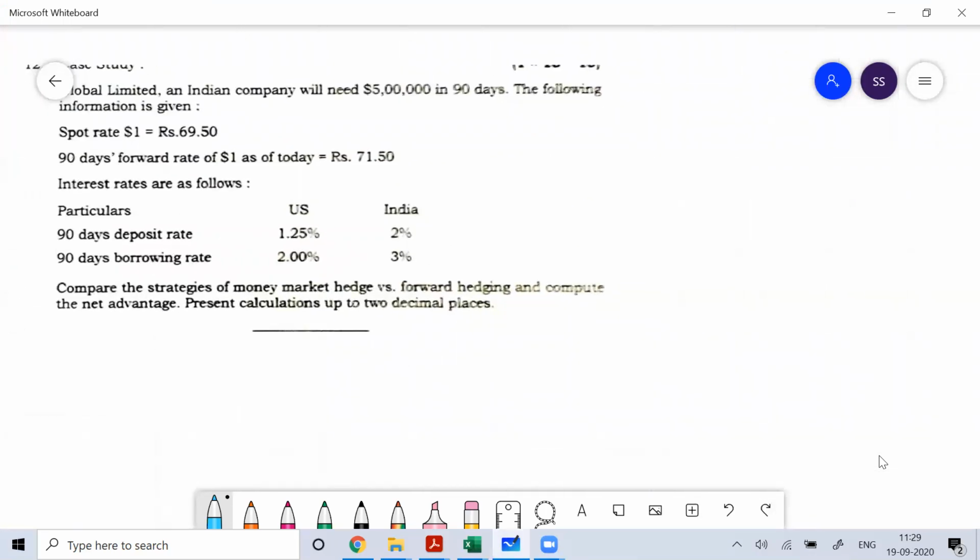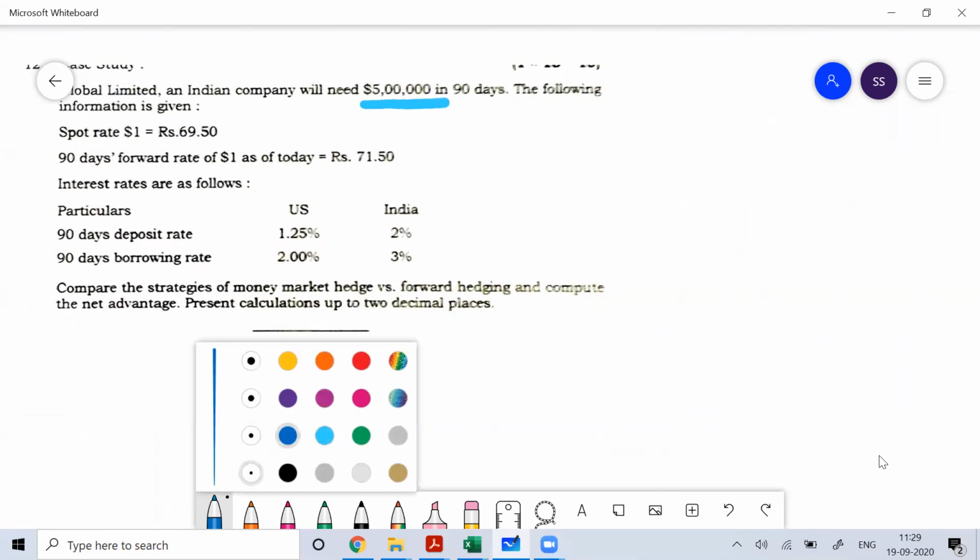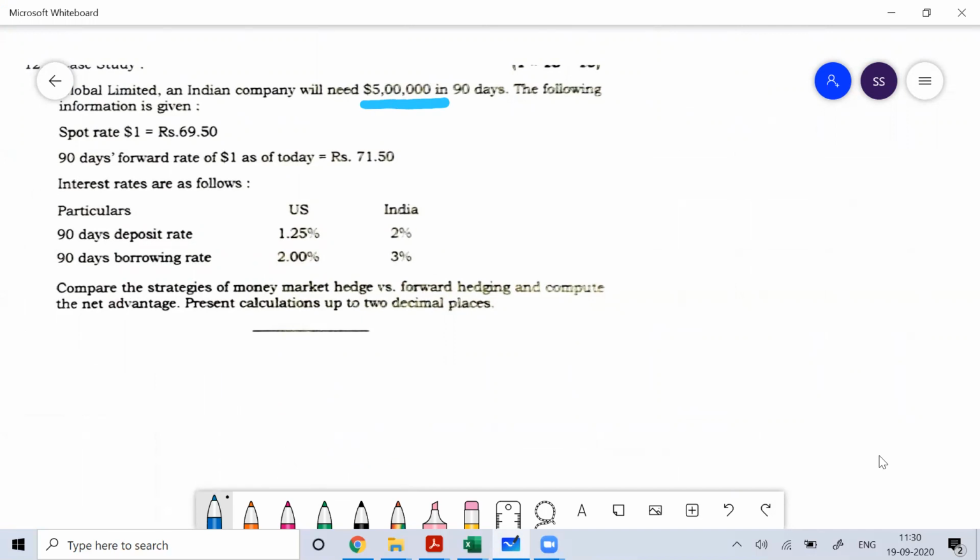So in this question, there's a company called Global Limited. It is an Indian company that needs $5 lakh in 90 days. So the following information is available. The spot rate is this much, the 90 days forward rate is this much, and then the borrowing and lending rates are there.